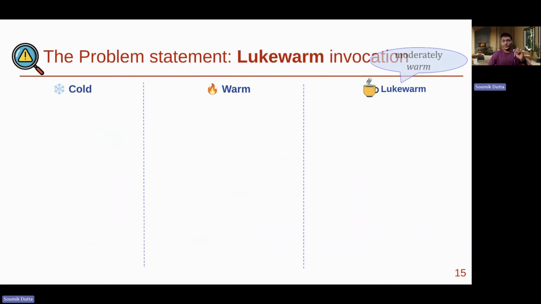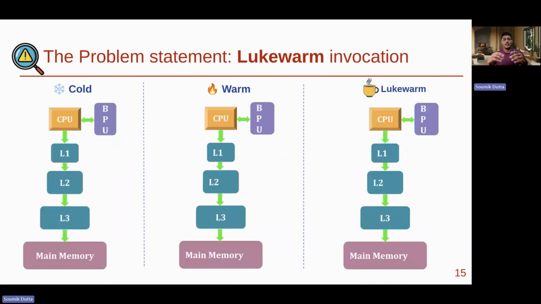So what is lukewarm? The word lukewarm means moderately warm. Let's understand it with cold invocation versus warm invocation versus lukewarm invocation. This is the typical memory hierarchy of any modern CPU. In the case of the first invocation of a function, when it demands an instruction from memory, it gets missed at every stage of the memory.